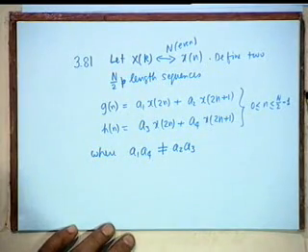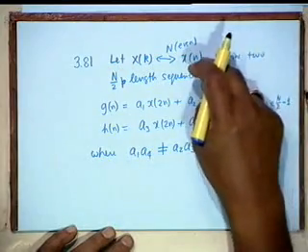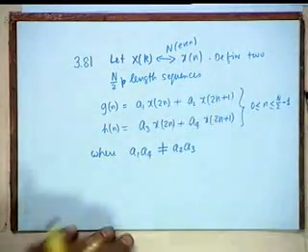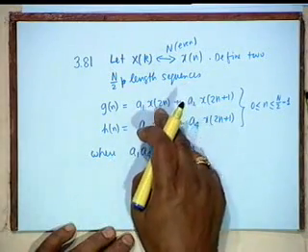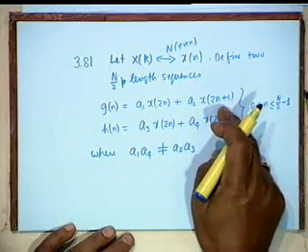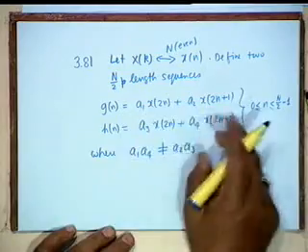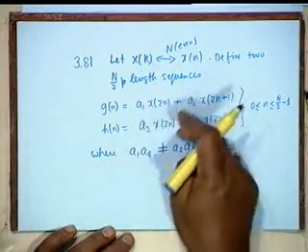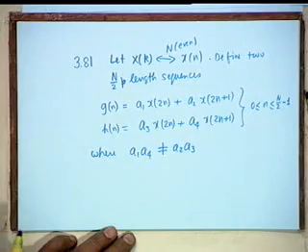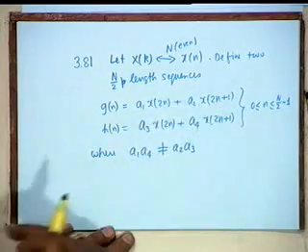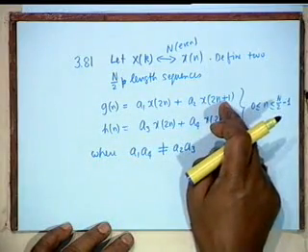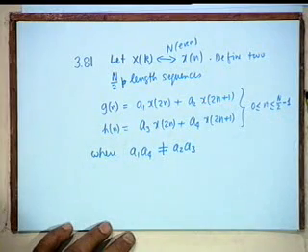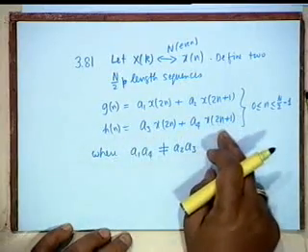All right. So given a sequence x of n, you have taken the even numbered samples to form a sequence x of 2n, and odd numbered samples to form a sequence x of 2n plus 1, and then you make a linear combination in 2 ways, A1, A2, A3, A4. All right. So for g of n, how many points are there? N by 2 points, isn't that right? And h of n also has N by 2 points.